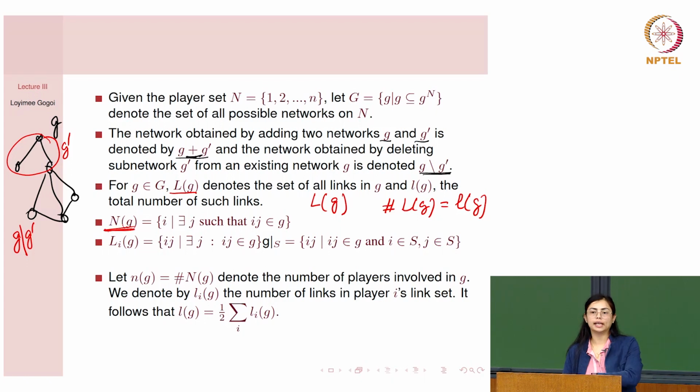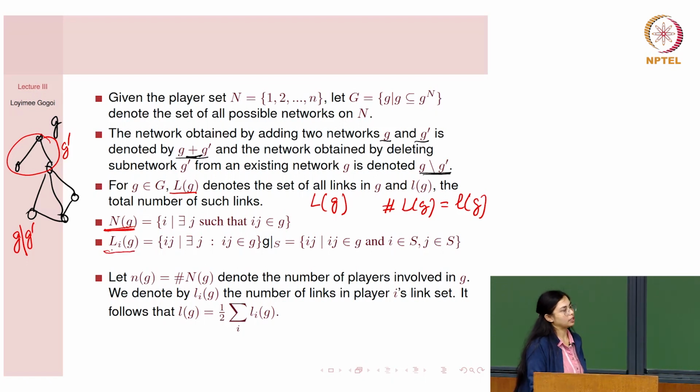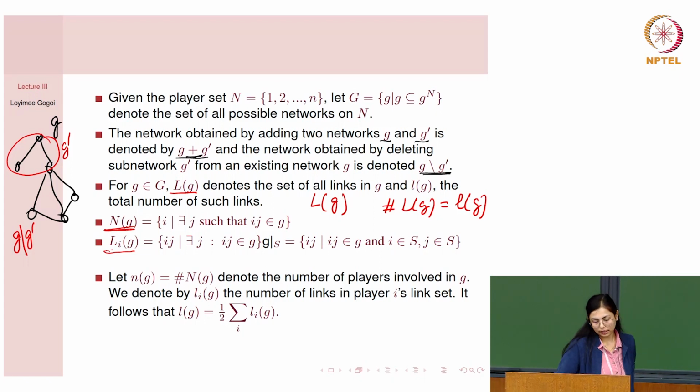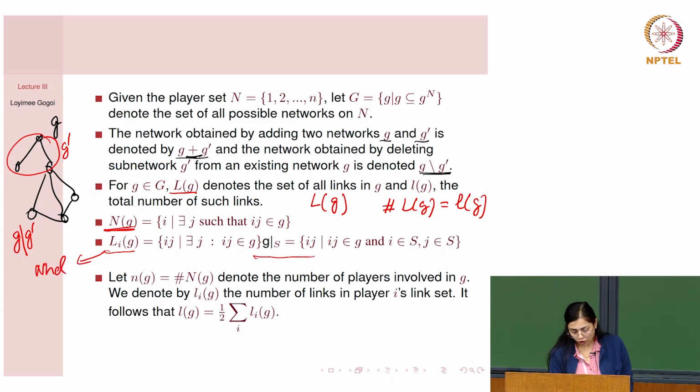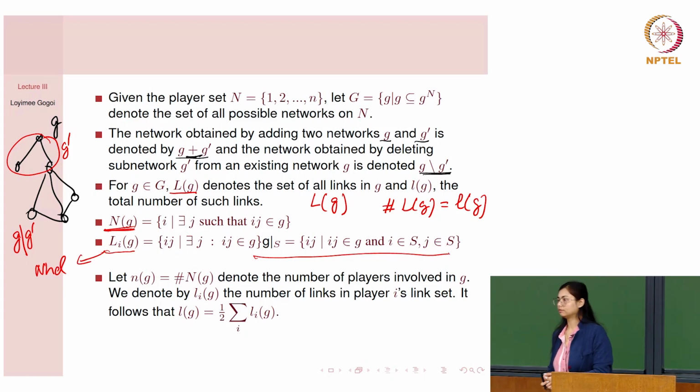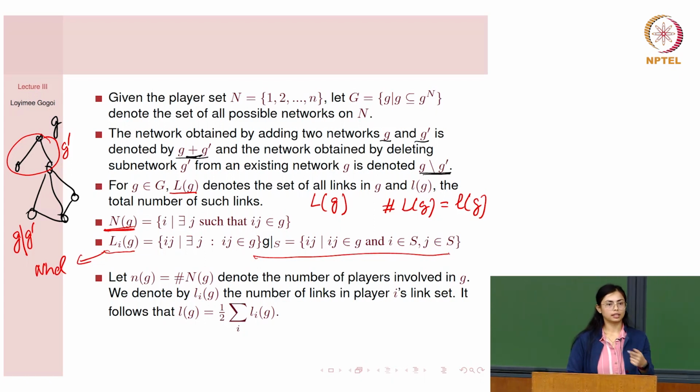The set of all players in G. Small L_i is the set of all the links from i, that means you can say the neighborhood of i. G over S: do you remember spanning and induced subgraphs? So this is actually an induced subgraph.